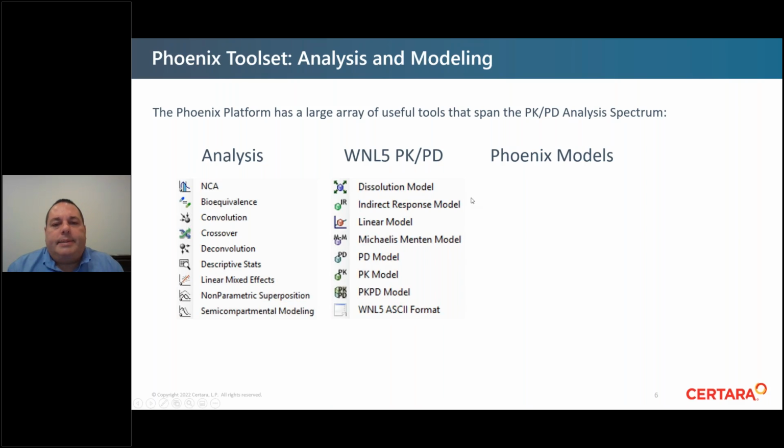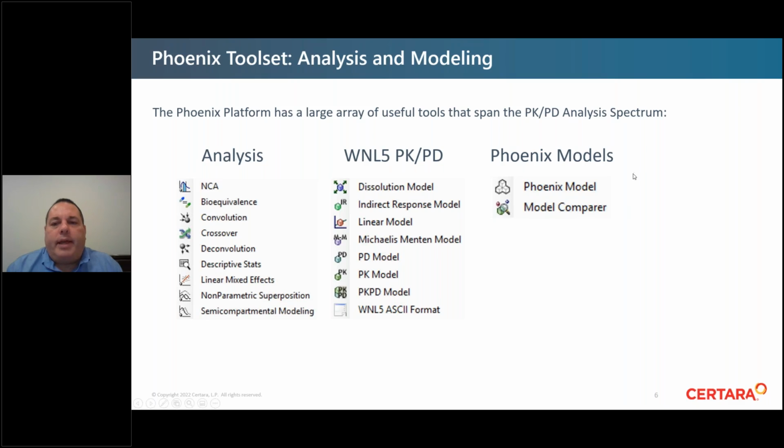There are also a series of compartmental PK/PD modeling tools. So they include PK and PD compartment models, PK/PD link models, Michaelis-Menten models, linear models, and indirect response models. One can also do dissolution models for formulation development.